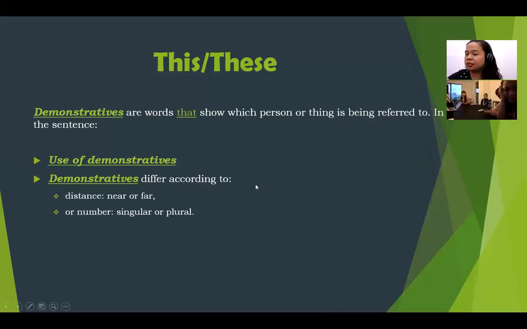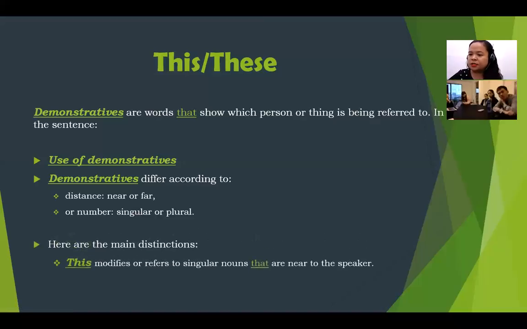Yeah, so demonstratives have differences. It depends on the distance, just like what I mentioned a while ago. If you are holding the item and it's only one, we will use this. But if you're holding many, these, the second one. Okay, guys?